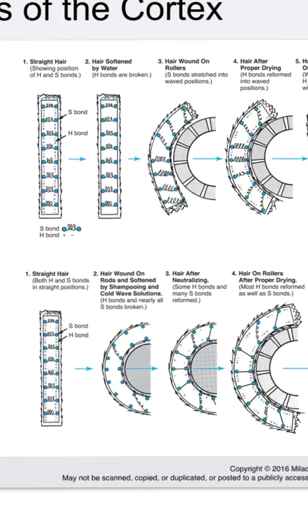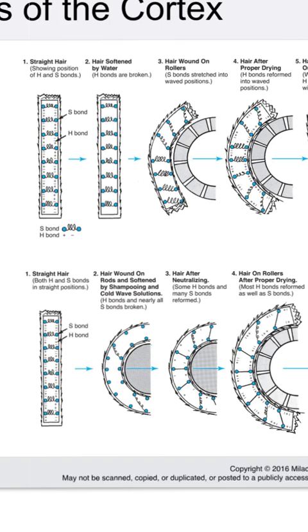So let me break that down for you one more time with regard to hydrogen and salt bonds. They are both weak physical side bonds of the hair. Your client comes in for just your basic shampoo, roller set, dry, and a comb out. She sits down in your chair. The hydrogen and the salt bonds are just at their normal position. Then you take her back and you shampoo the hair. The H bonds are broken.